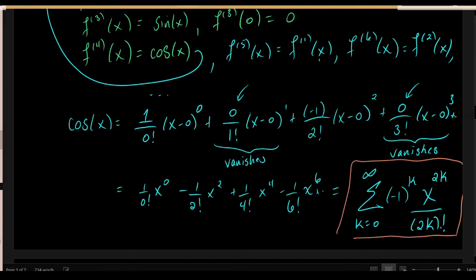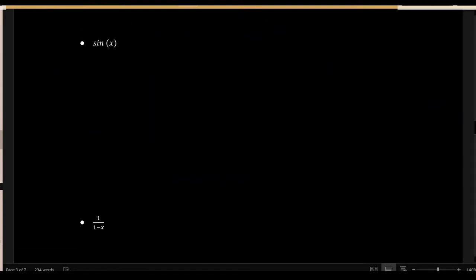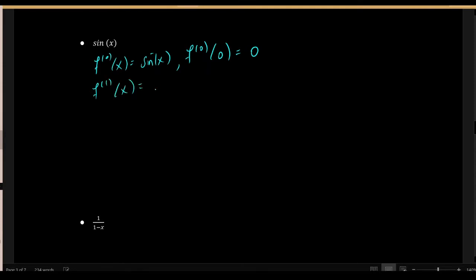Let's also try it with sine of x. Sine of x, we have the 0th derivative is equal to sine. And if I plug the center into that function, I get sine of 0, which is 0. The first derivative is cosine. And if I plug in the center into the first derivative, I get cosine of 0, which is 1.